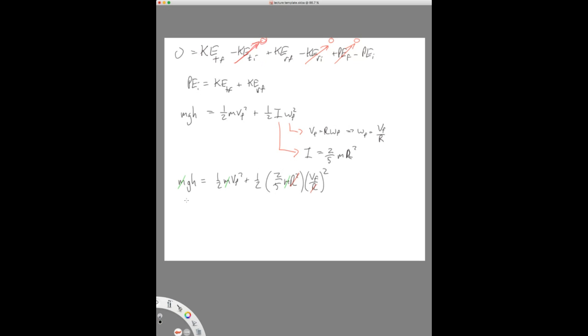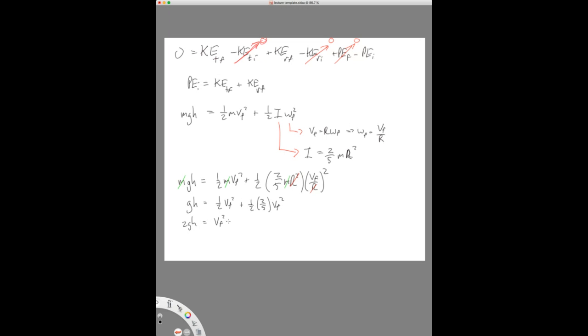So what we have left after those cancellations is GH equals 1/2 V final squared plus 1/2 times 2/5 times V final squared. Doing a little algebra, we might multiply both sides by 2.